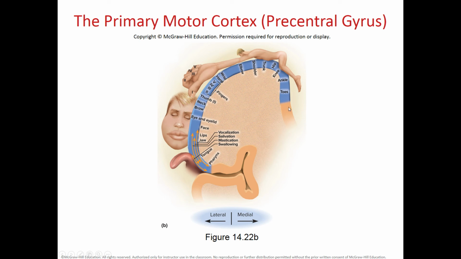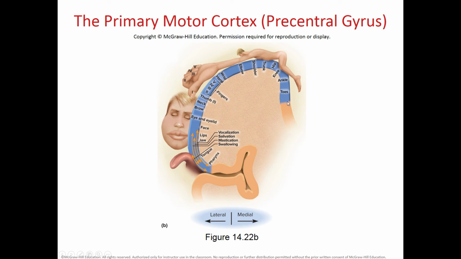So this is the primary motor cortex. And if you see these different regions of the body, they are distorted. They have different sizes. And this is a coronal section of this primary motor cortex.